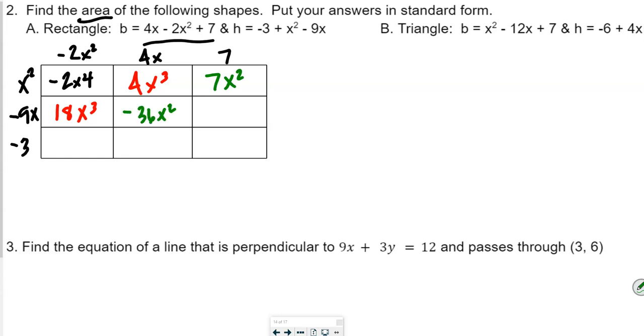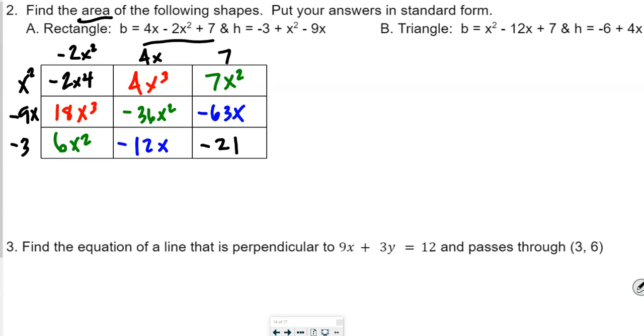Then we got negative 3 times negative 2. That would be a positive 6x squared. All right. Then we're going to do 7 times negative 9. That's negative 63x. And then 4x times negative 3. That would be negative 12x. And then we've got our other term down here, and I'm going to do it in black again. 7 times negative 3 is negative 21.